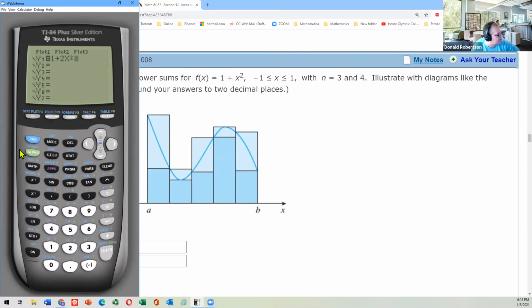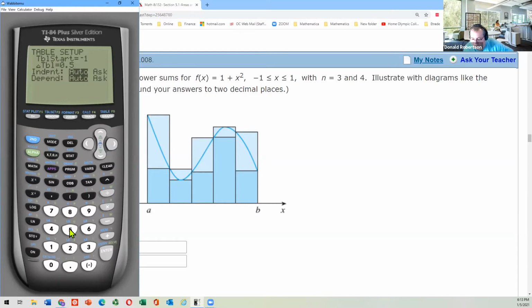Right, that's that bit done. Then go second table setup. And where it says table start, put in the x value where it began. So in this case, -1. And where it says delta table, put in our delta x.